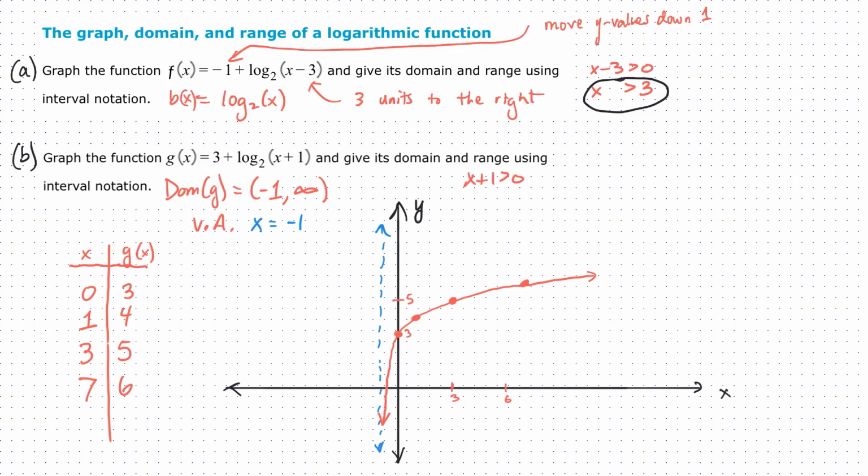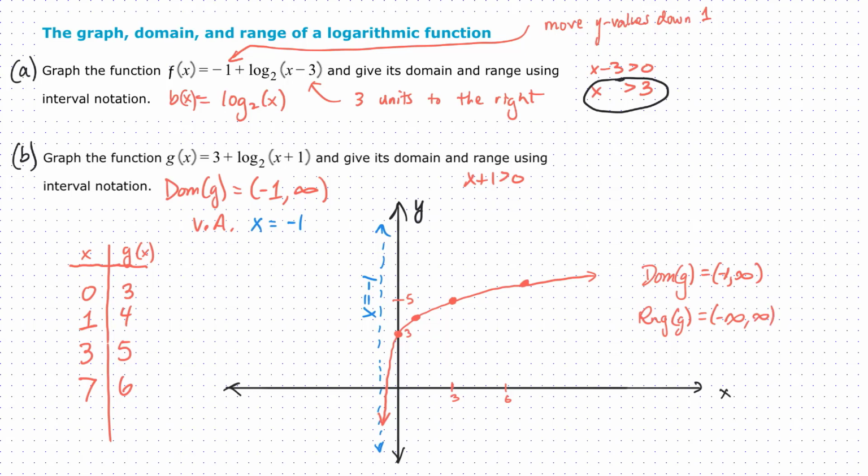The only thing left to find is your range. Let's write the domain again. Domain of g is equal to negative 1 to infinity. And the range of g, reading from bottom to top, negative infinity to infinity.